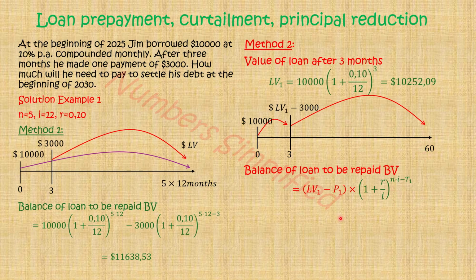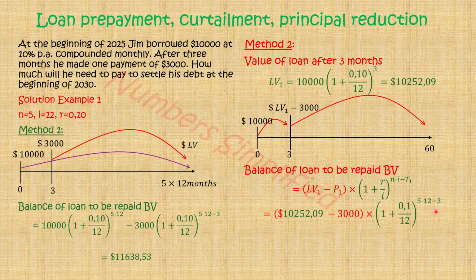Substituting for LV1 that we obtained earlier on, we are going to have the $10,252.09. Then the payment was 3,000, times then that which would generate the interest compounded monthly. So we would have that bit over there, and of course substituting for the n and for the i, which is 12, we are going to get that.